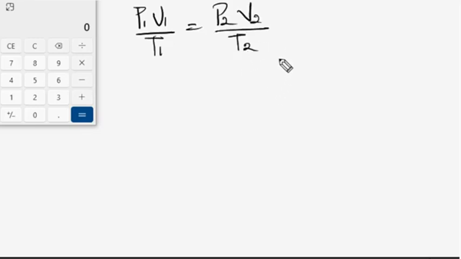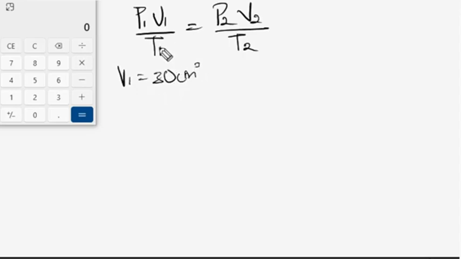But guys, then let's recall that our volume first of all is 30 cm. That's our initial volume. So V1 is going to be 30 cm cube from the question.